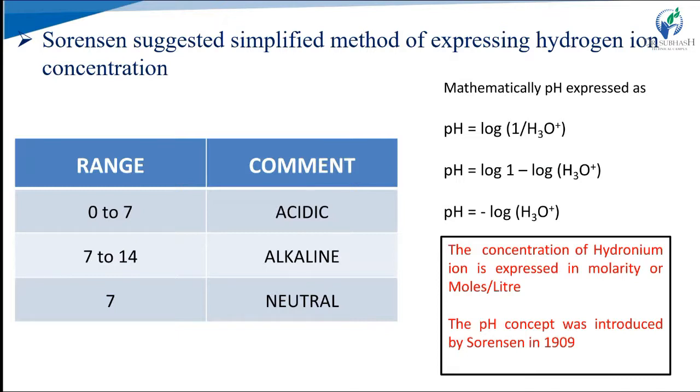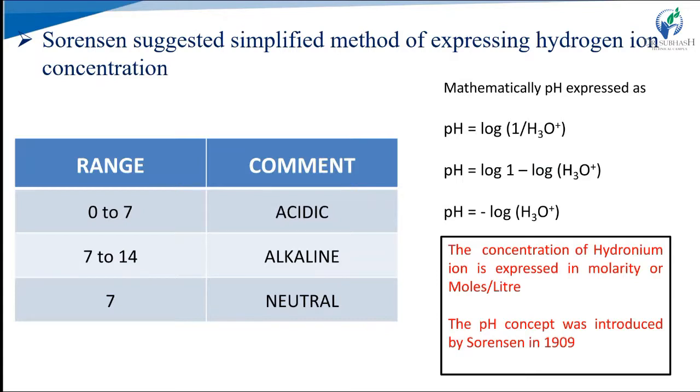So here the pH is equal to minus log H plus. H plus is the hydrogen ion concentration that we have to find out in mole per liter. It is expressed as molarity, mole per liter, and the ratio of H plus and OH minus expresses our pH values.